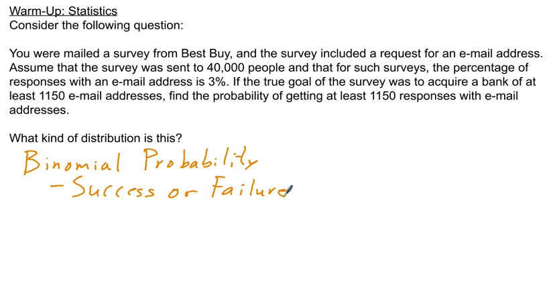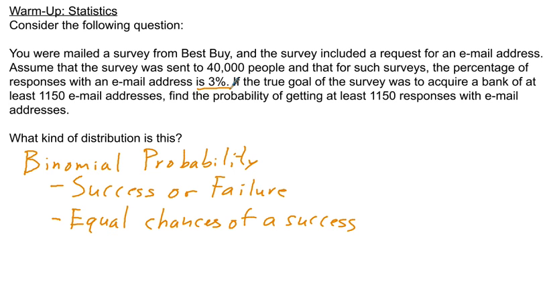Right? There's only two possible outcomes. Success would be they get an email address. A failure is they do not get an email address. And there are equal chances of a success, and that was 3% given to us in the problem.